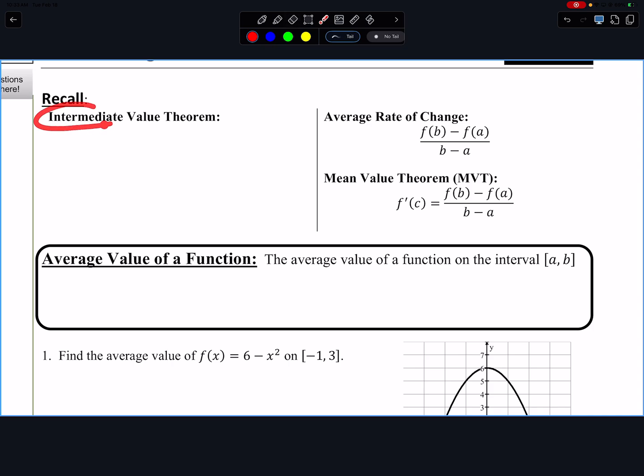The word intermediate, remember, means in between. So draw this with me, guys. Pretend we have just some graph that goes something like that.